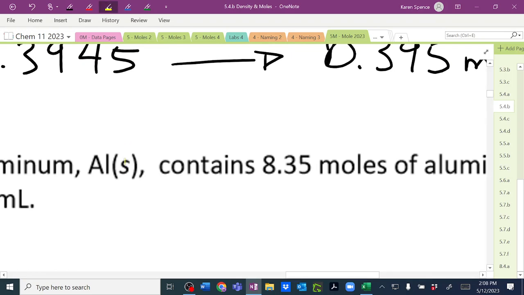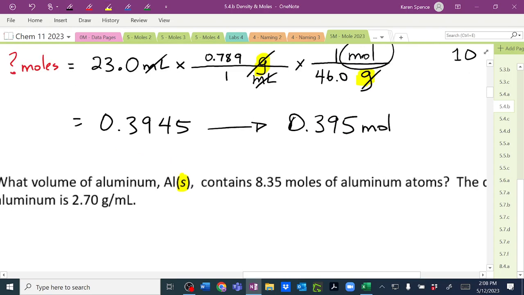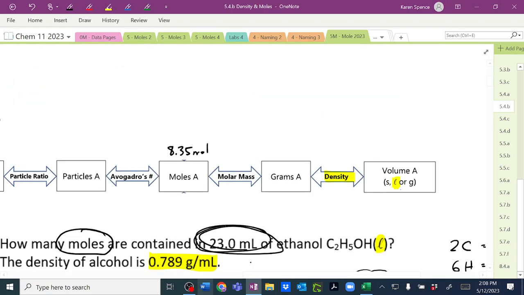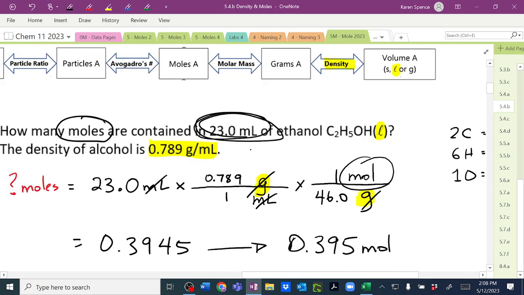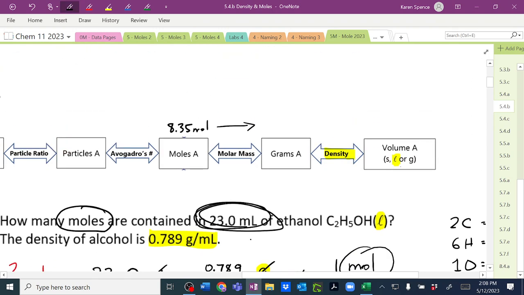It's a solid, so that tells us we can use density to get to volume. So we can go from moles to grams using the molar mass, and then from grams to either liters or milliliters, depending on what we've got. Okay, so let's try it.